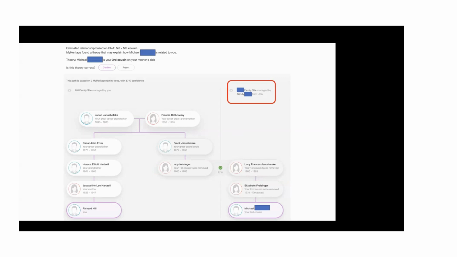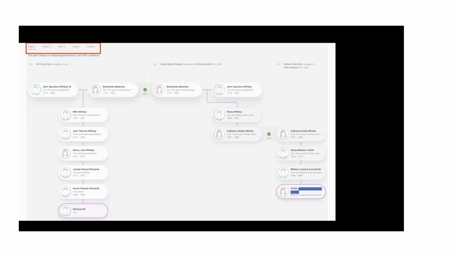Since Michael's account is managed by Sandy, we don't know where Michael resides. But this full theory page does reveal that Sandy is in the US, so that might mean that Michael is also in the US. Well, here's another theory that connects me on my father's side to a fourth cousin once removed named Goldie.